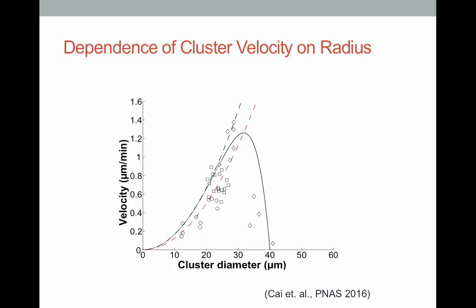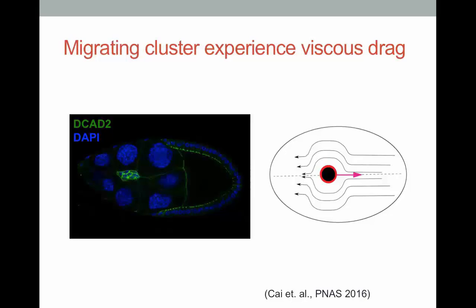So this is a really interesting result, because it shows us that at smaller diameter, increasing cluster size really gives the cells an advantage in navigating the 3D environment, but up until a point where this no longer helps. What we think is happening here, as we showed in modeling, is the viscous drag that the cluster experiences from the surrounding nurse cells.